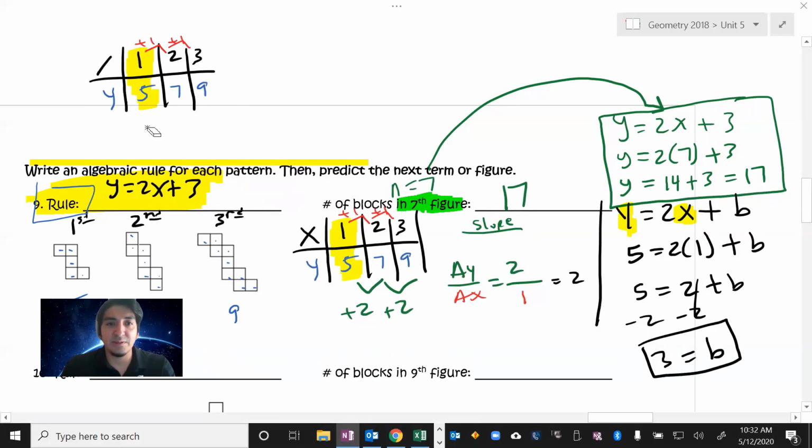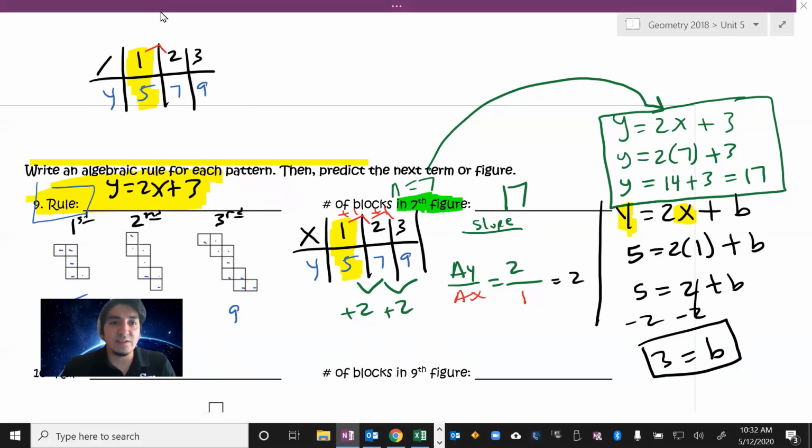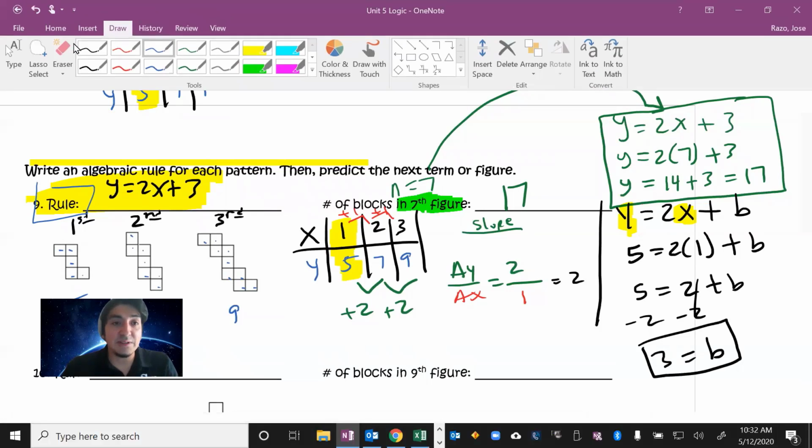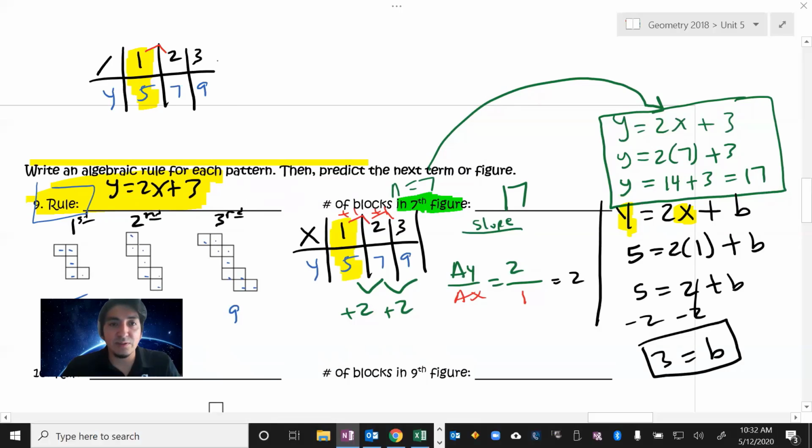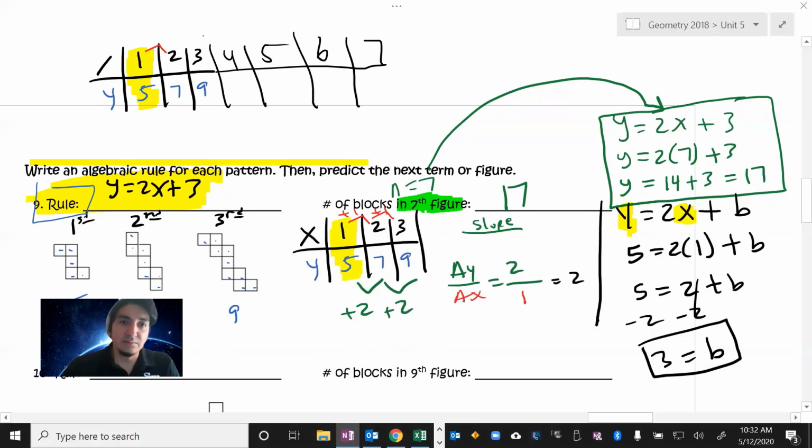I'm going to erase this part right here. If you notice the differences between each one of these, what I'm going to draw is 1, 2, 3, 4, 5, 6, and then 7. When we're creating these, we agree that this is adding by 1. If not, then I just did a terrible job.